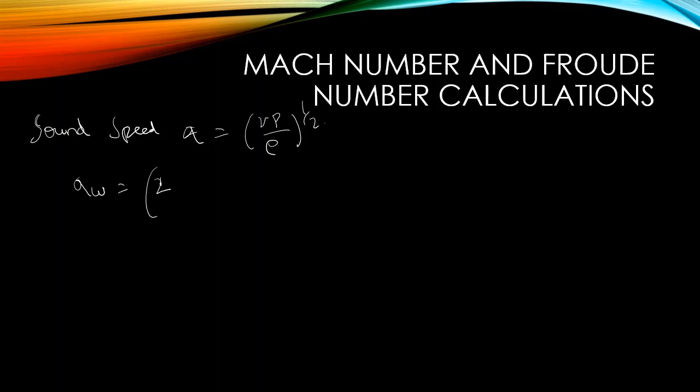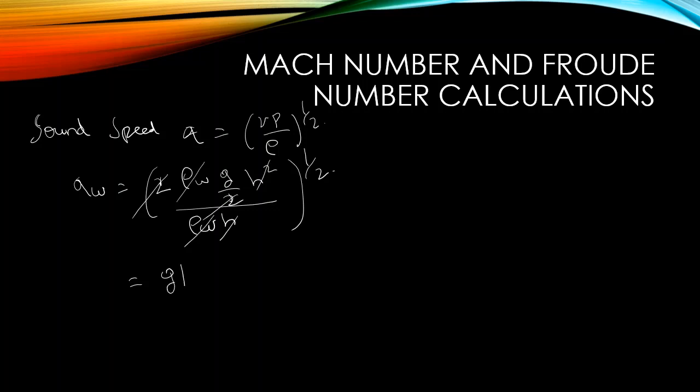Here PW and PF are both the same, so it is ρW g/2 H squared. That is PF, and then you substitute ρF, which is ρW times H. So H and H get cancelled, ρW gets cancelled, 2 and 2 get cancelled, and finally we have (gH) to the power of 1/2, that is, aW is equal to root of gH.